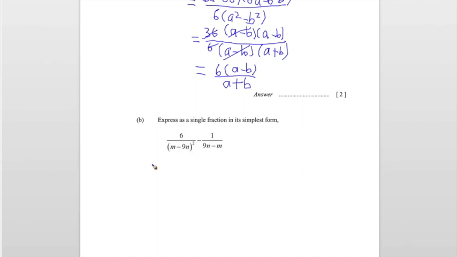So the first thing to do is to make it in the right order, which is m minus 9n. So to do that, we change the sign from minus to plus, and then we switch the terms to m minus 9n.